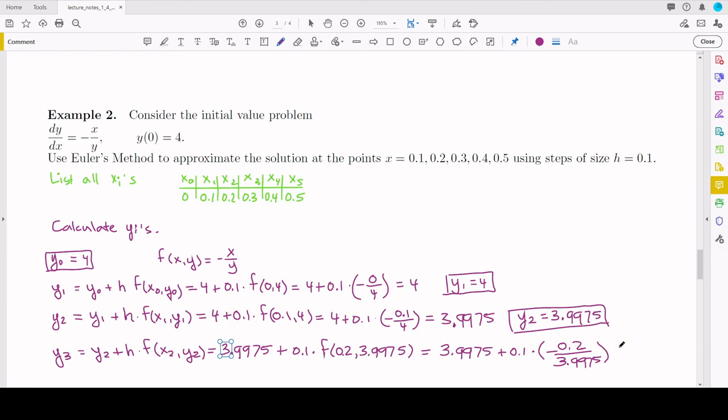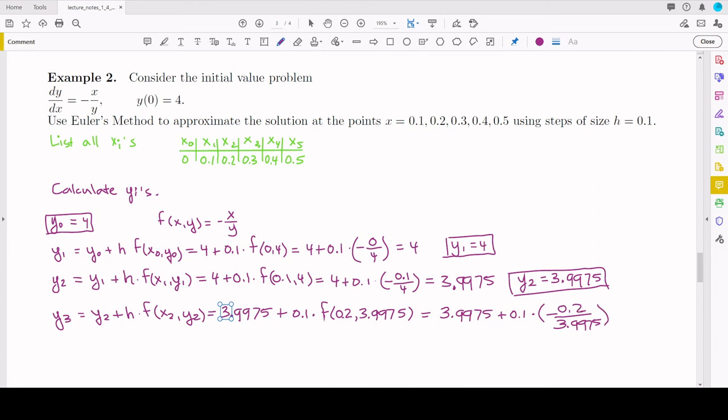And if you calculate that, we get that it is equal to 3.9925 roughly. And so let's write that down here. y3 equals 3.9925.